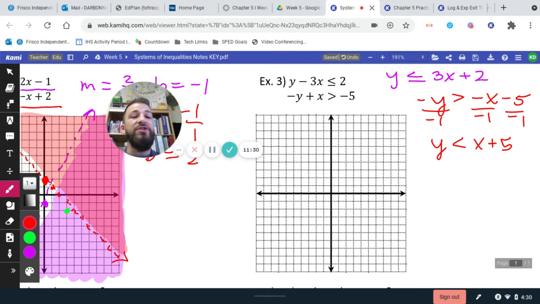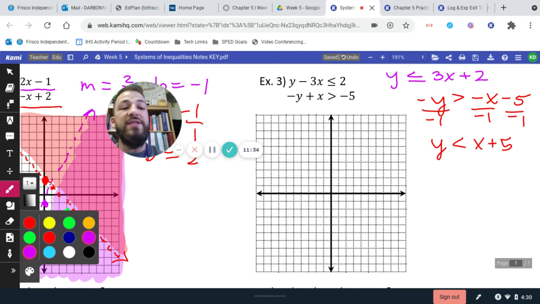Okay, so now we have our two graphs, 3x plus 2 and x plus 5. So for 3x plus 2, m is equal to 3 over 1, b is equal to 2. So on our graph, y-intercept of 2, slope of 3 over 1. So up 3, 1, 2, 3, to the right by 1 for each of our points.